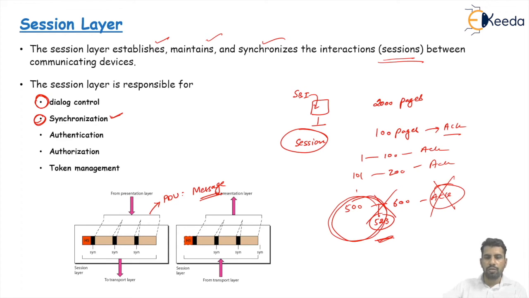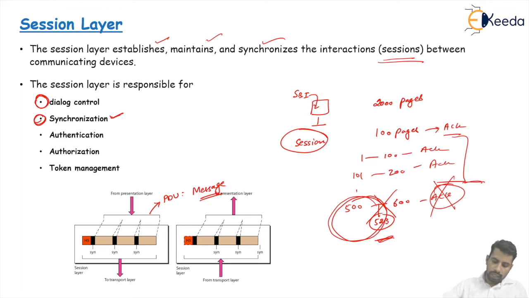Pages previous to 501 need not be resent because they are already acknowledged. Your synchronization is complete up to page number 500. You need to resend pages 501 to 523. This type of synchronization is maintained at the session layer.